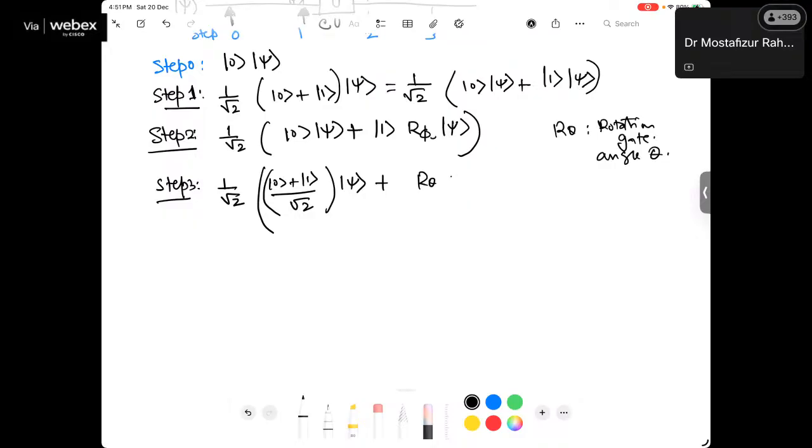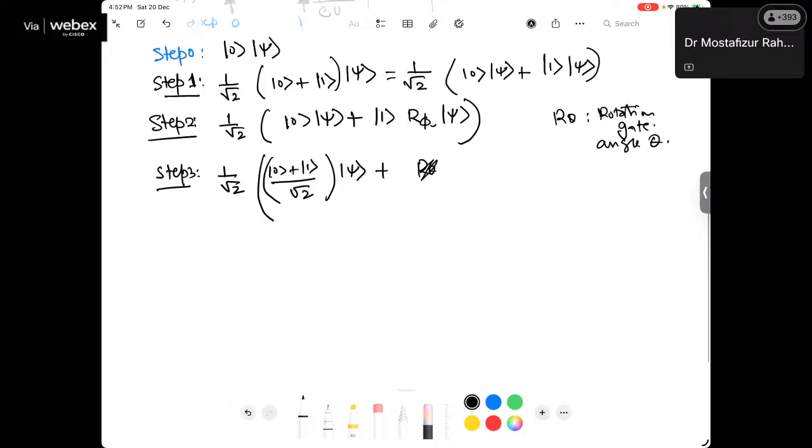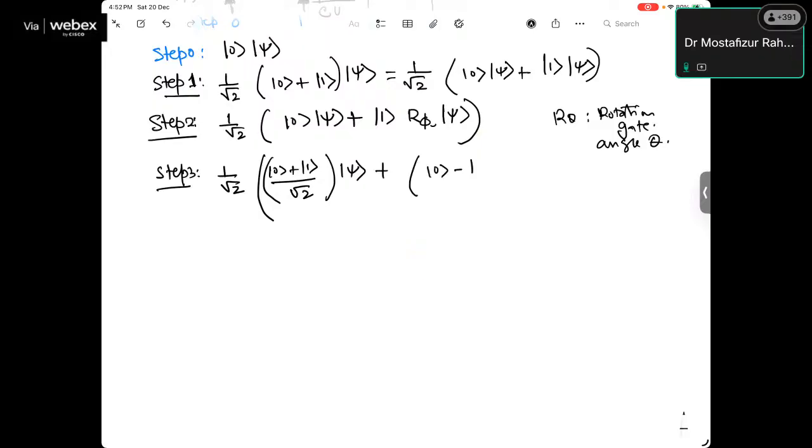So I can write it as 0 minus 1 by square root 2, r theta or r phi, applied to psi, right?